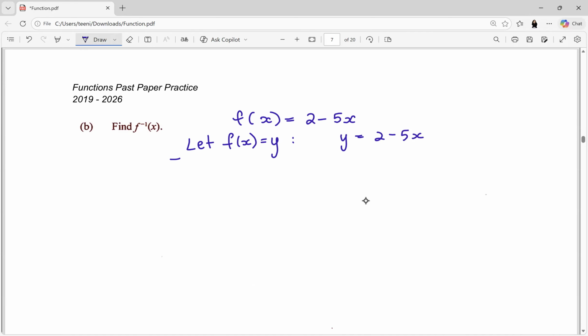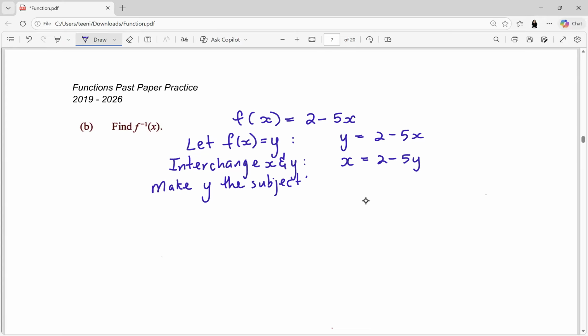Then we interchange x and y. So that would be x is equal to 2 take away 5y. And then you make y the subject. So essentially we are solving for y. This is what I like to do: since this is minus 5y, I'm just going to move it to the left-hand side so that I could get positive 5y instead.